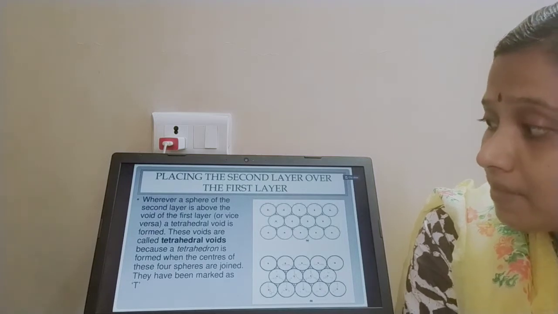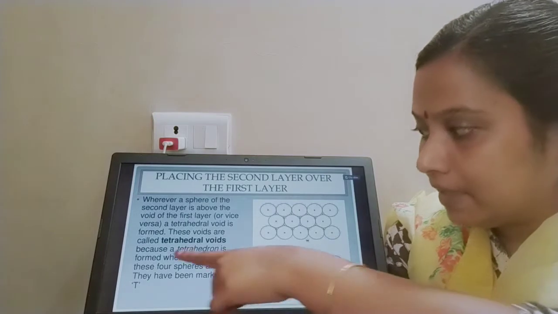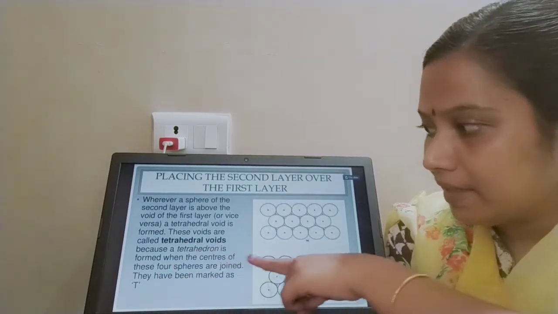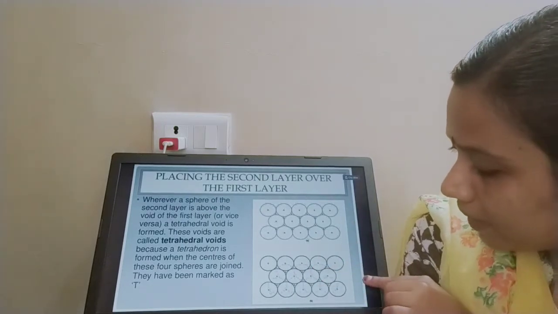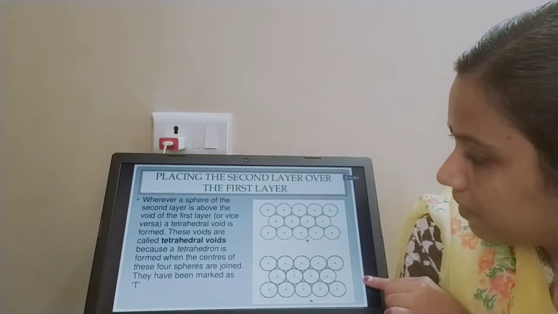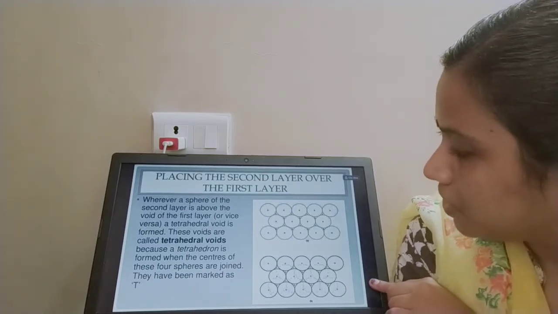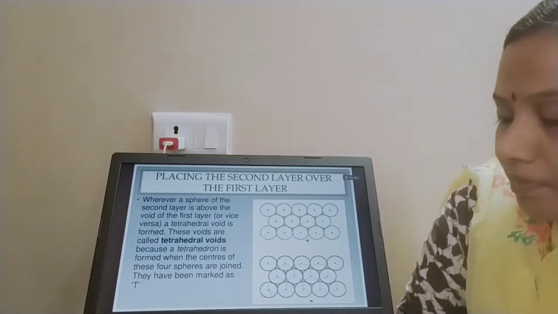And when you arrange them, when the centers of the 4 spheres are joined, you will be getting a tetragon. They have been marked as T. Yeah. Can you see the structure, whether it is close to you, whether you are able to see the structure T, children? Will you be able to make out T from here? Yeah.